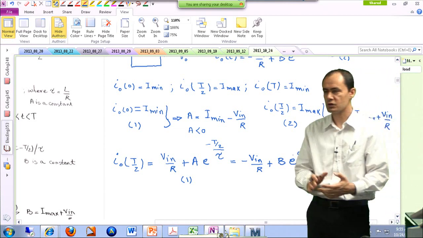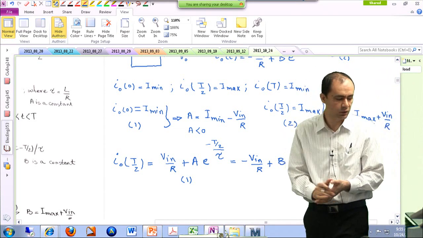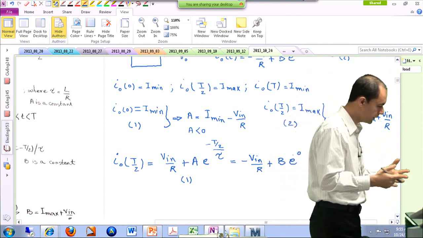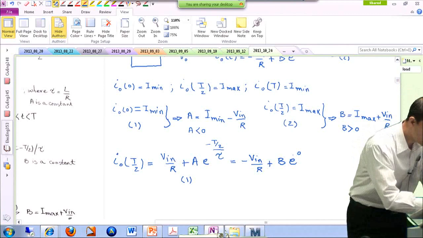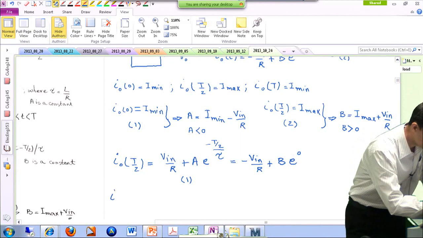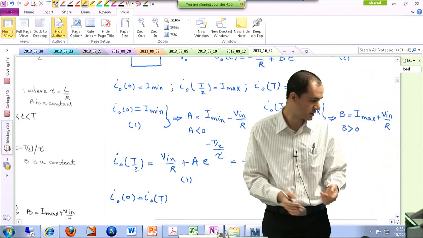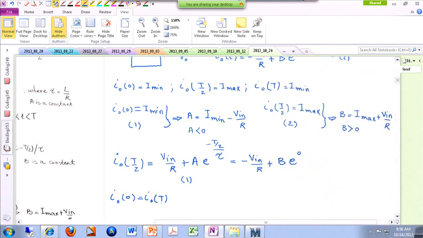All right? So this is one relationship you can find between A and B, or I min and I max. The other one is, I'm looking at the behavior under steady state conditions, meaning that at the beginning of the cycle and at the end of the cycle, I should have the same amount of current. So at the beginning of the cycle, I can use equation number 1.